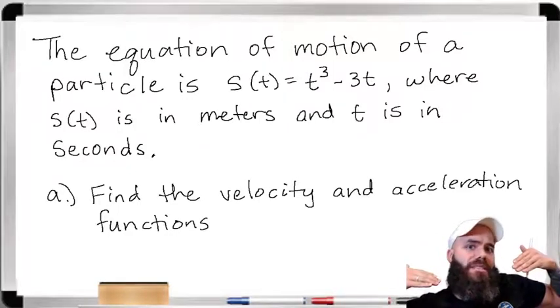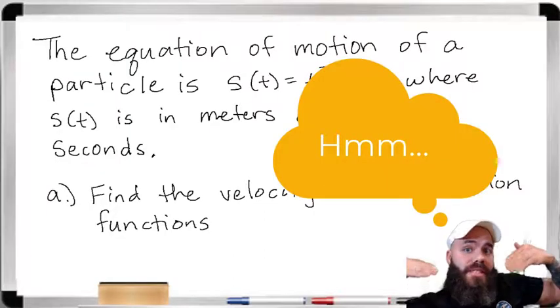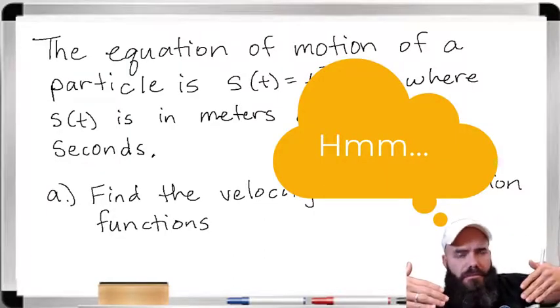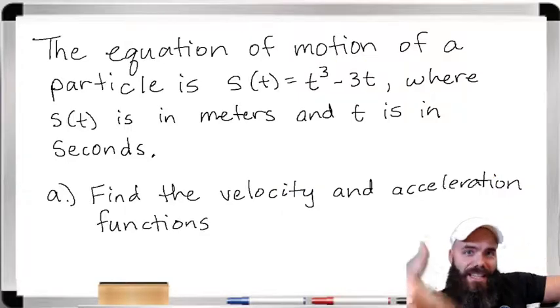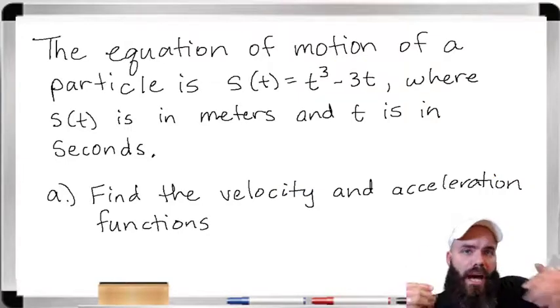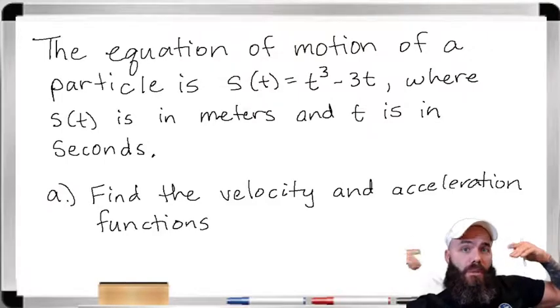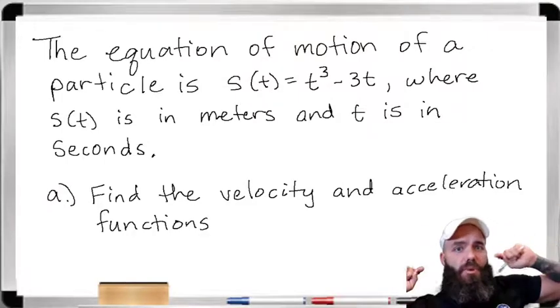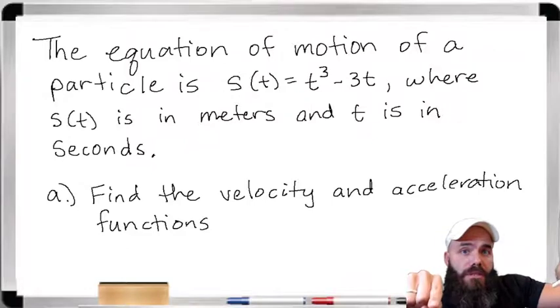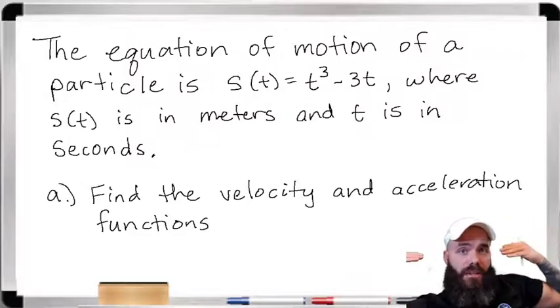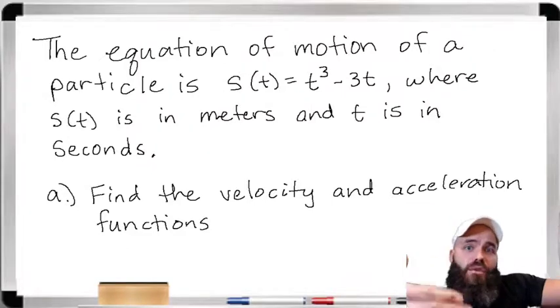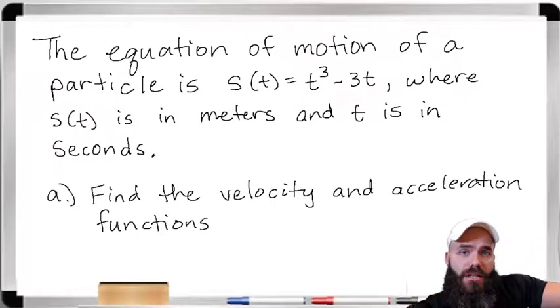Then the next second, when t is 2, I'm now at a position of positive 2. So between 1 second and 2 seconds, I've moved up 4 units. At 1 second, I was at the position negative 2. At 2 seconds, I was at the position positive 2.